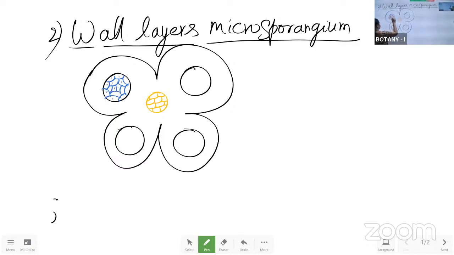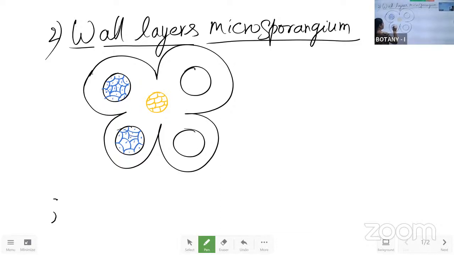And when we are drawing the cells, each and every cell should have a nucleus in it. See, I am putting a dot in the cell. This is the life we are talking about, because they will undergo mitotic or meiotic division.